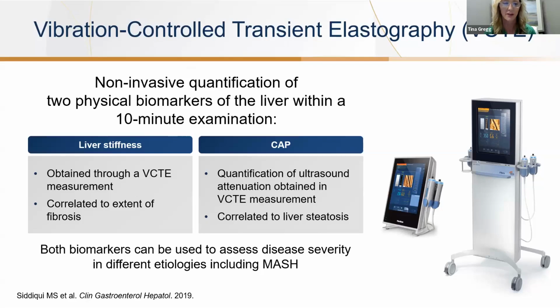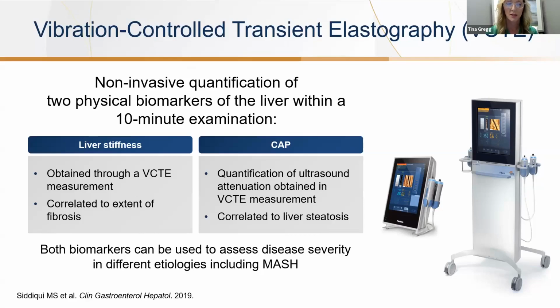The FibroScan device uses a mechanical pulse, so a little gentle vibration, and ultrasound to assess how stiff the liver is. A small probe is placed over the skin, over the liver, and the probe generates a low-frequency vibration that produces a shear wave that travels through the liver tissue.